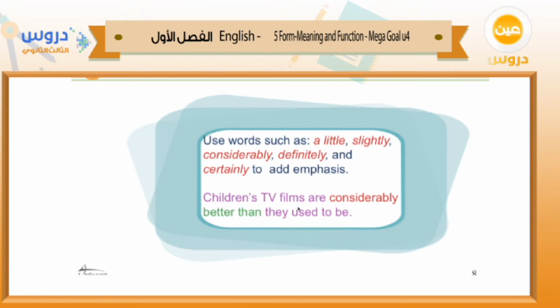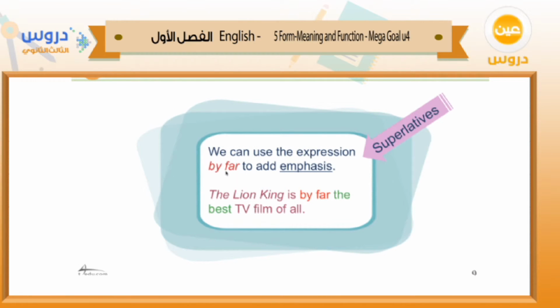So here, we add them just to add emphasis. We can use the expression by far to add emphasis in the superlative form. For example, The Lion King is the best TV film of all. We can say The Lion King is by far the best TV film of all.